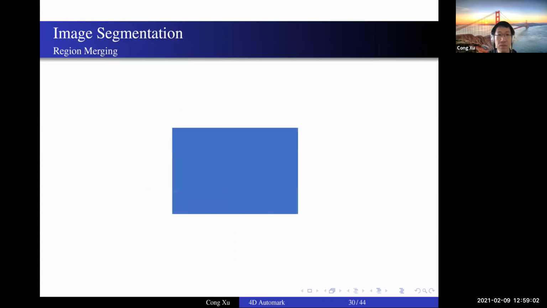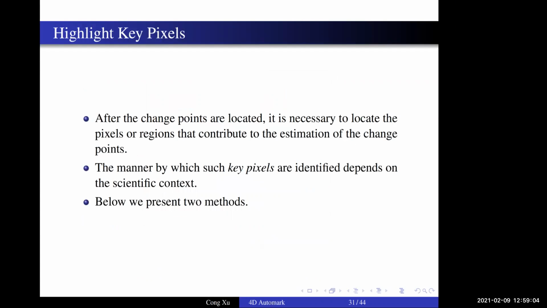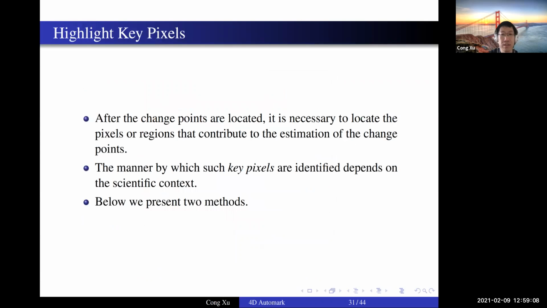Anyway, now we have introduced this practical algorithm to find the change points, the image segmentations, and the corresponding Poisson intensities for each of the regions. Right now, I have some post-processing.